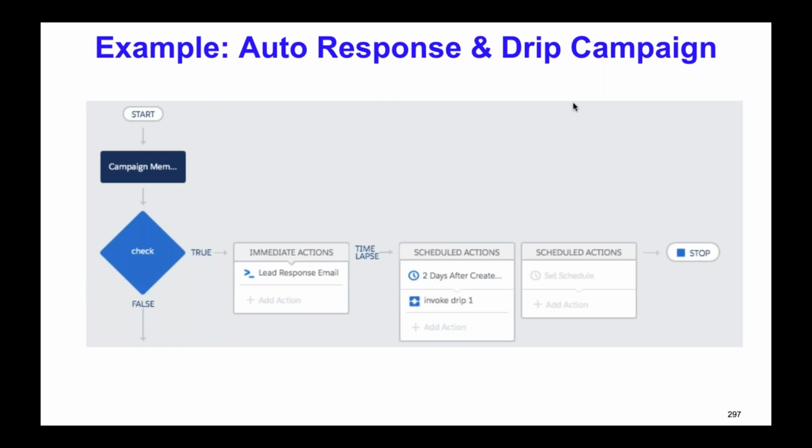Whatever the time interval, maybe it could be in hours or days, I would mention that time limit, and then you're going to invoke the drip one. And you can schedule more. You can invoke drip 2, drip 3, drip 4 by adding more scheduled actions. That's not demonstrated here, but it's possible to do it.